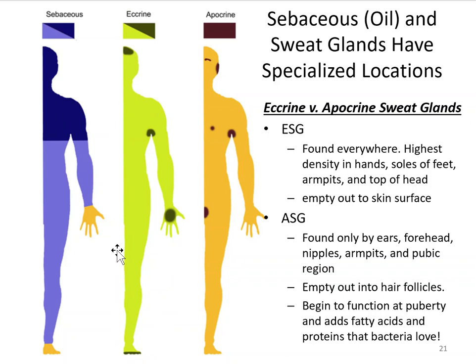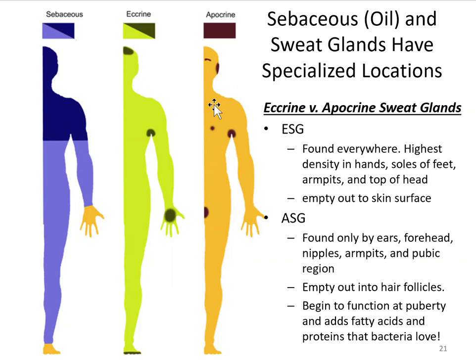The highest density are going to be in the darker spots, so the top of the head, the armpits, the palms of your hand, the bottoms of your feet. All those areas have the most eccrine sweat glands. And then the areas in light green have a lower density, but they're still there. In the next slide, we'll look at a picture of eccrine sweat glands, what they look like.